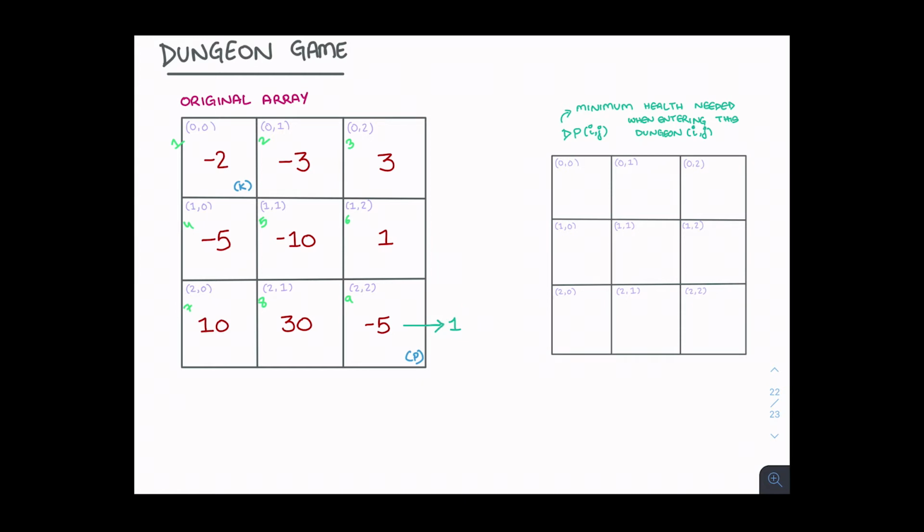So you will have an initial health when you enter this dungeon, you will fight the demon, and then you will have this final target health remaining with you, right?